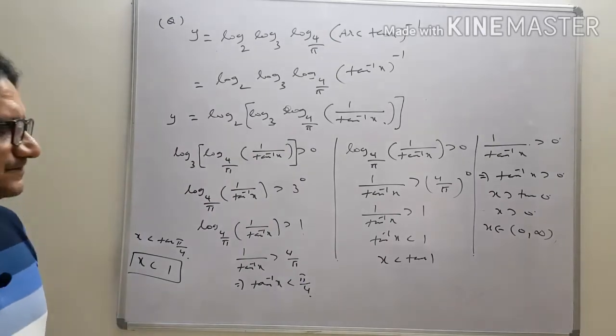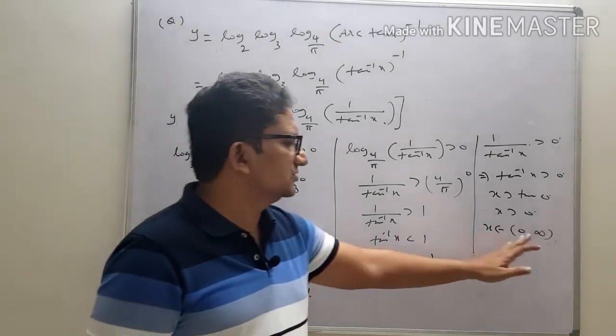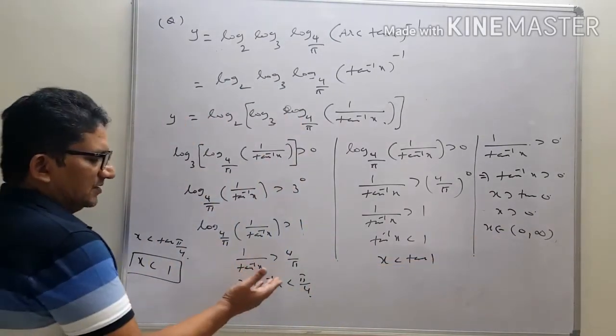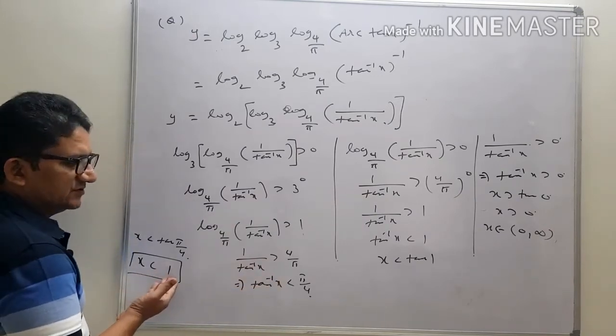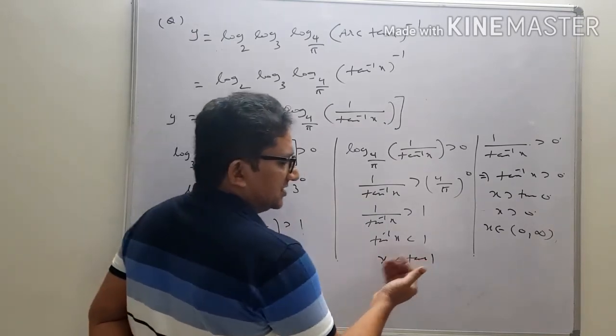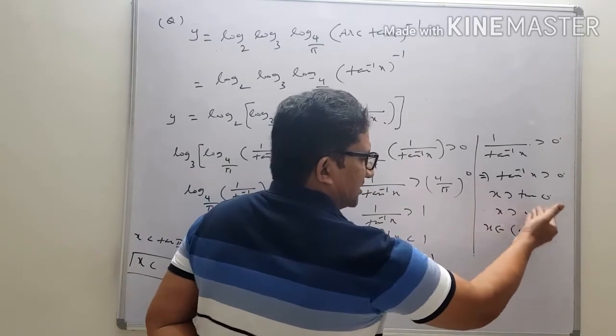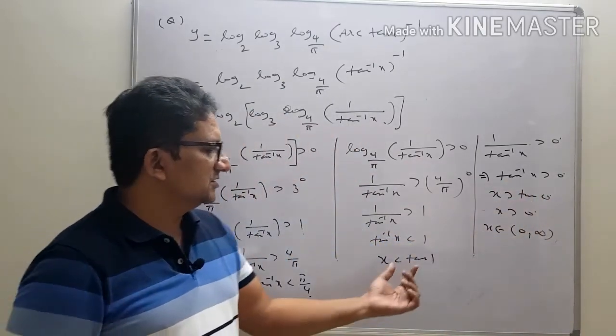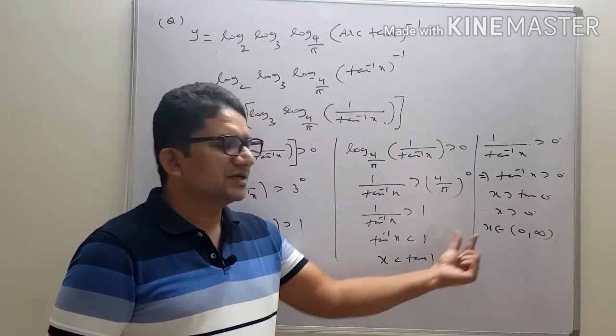Now students, after getting these three situations, first one is x is less than 1, next is x is less than tan 1, and next is x greater than 0. Now the question is, sir, how to mark this on the number line?